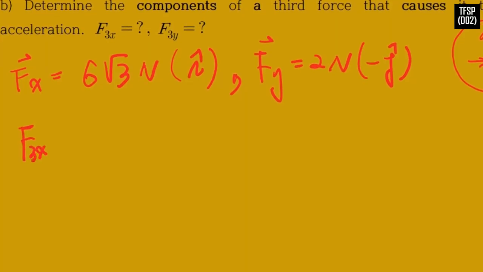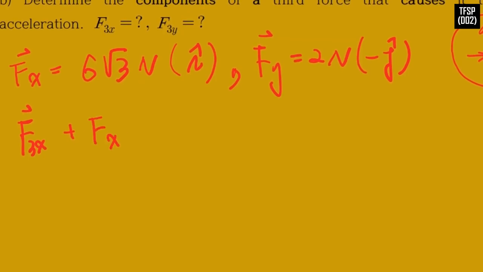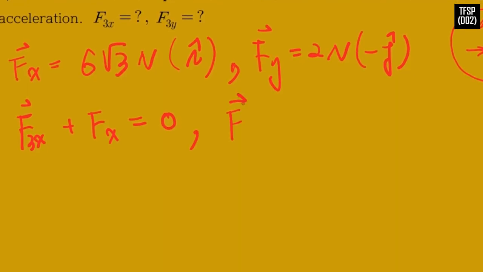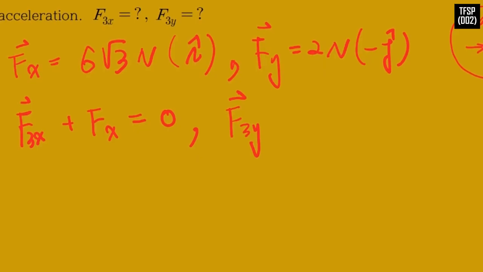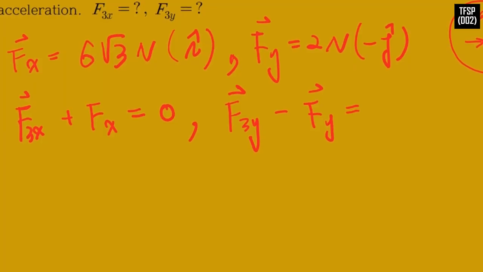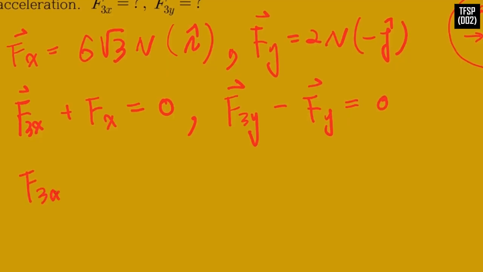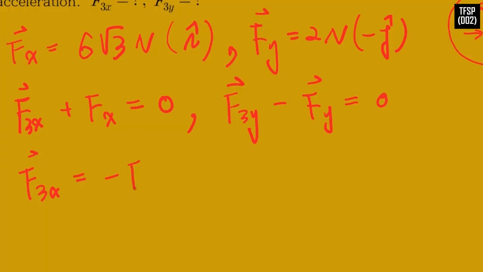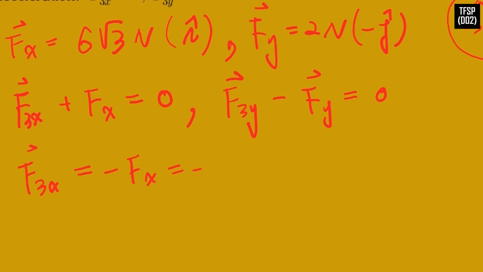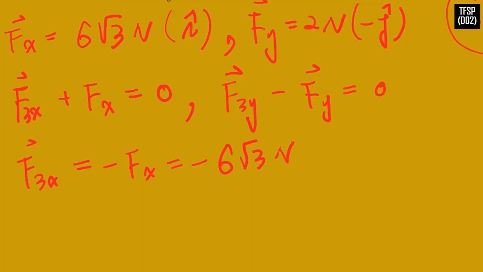F3x plus Fx equals 0, F3y plus Fy equals 0. F3x equals negative Fx equals negative 6 square root of 3 Newton i.